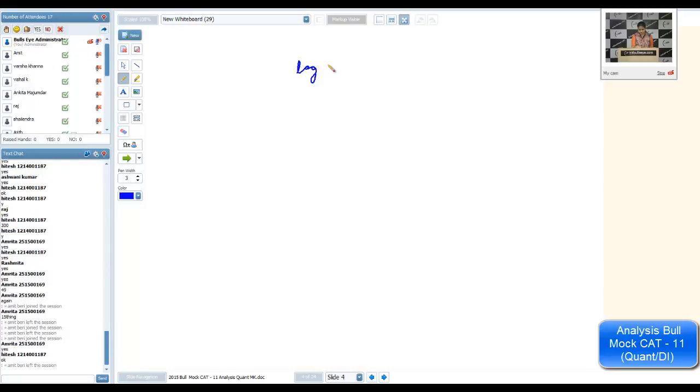Actually, we need to know log product of all the factors of 10 raised to power 6. As we know the formula, that will be number itself raised to power total number of factors divided by 2. But we have to exclude the improper divisor, that is log 10 raised to power 6. We will not calculate it. That is the definition of proper divisor. So I am taking it.